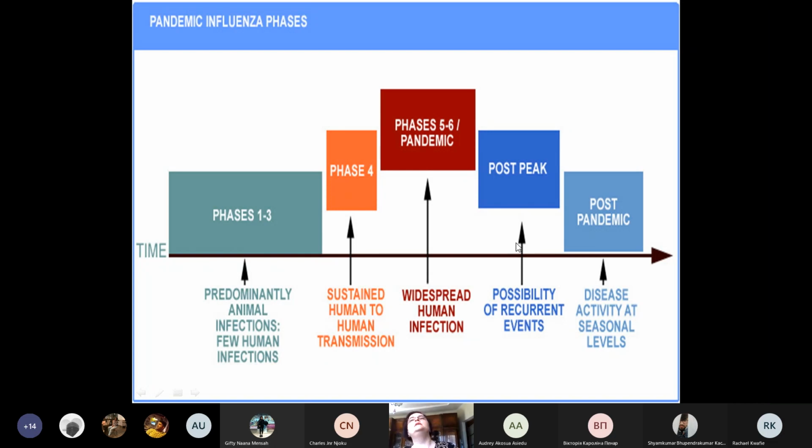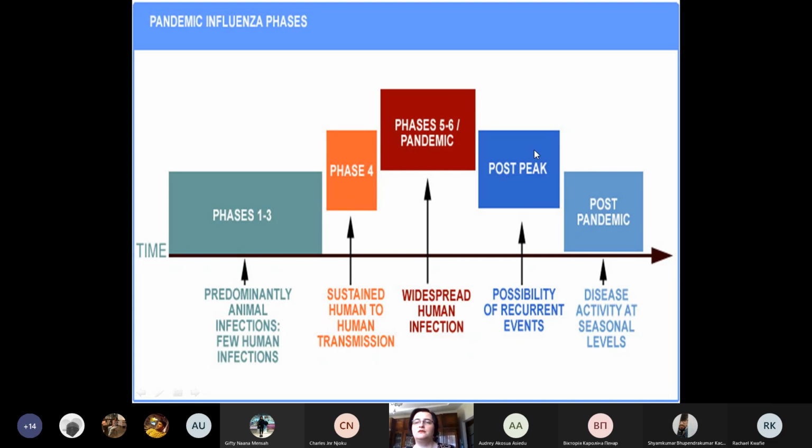But believe me, the Spanish flu in 1918-19 also took about 2 and even 3 years to go to this blue.